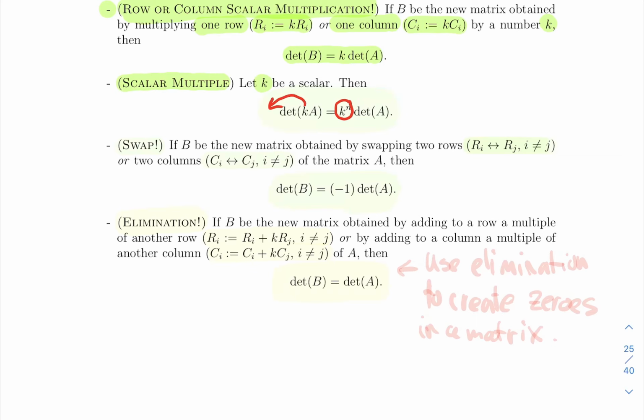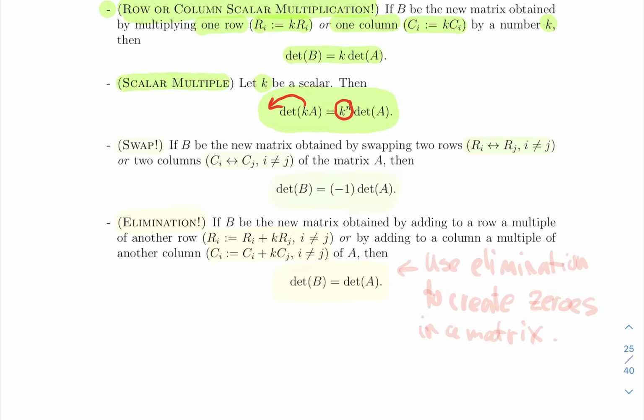So make sure you see that you raise k to the power n. And this is typically the property that people miss: when you're multiplying a matrix by a number, you need to multiply the determinant by that number, raised to the power of the size of that square matrix.